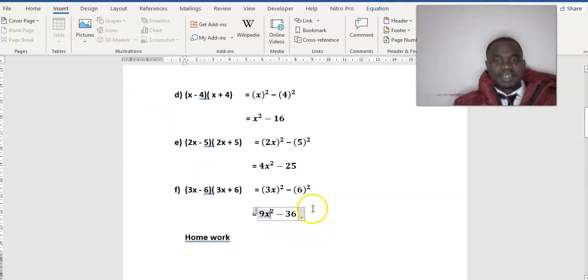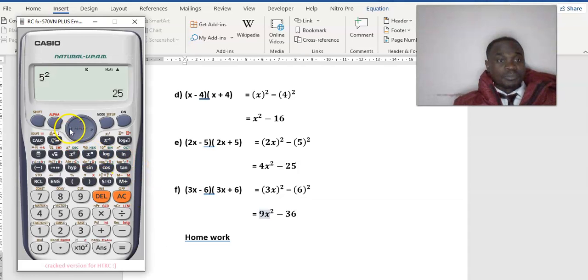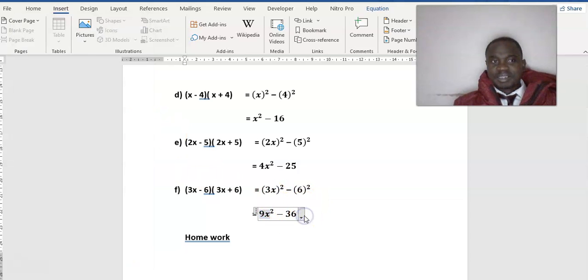Are we together? So 6 squared, what is it going to give us? 36. Let's check on our calculator. We move this one, then 6. So 6 squared is going to give us what? 36. Okay.